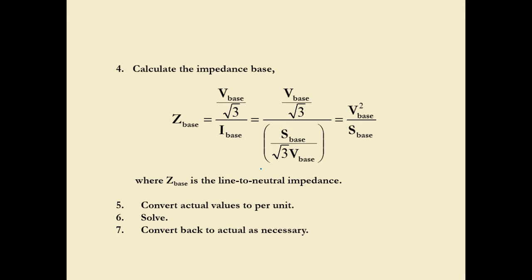Then finally we calculate the impedance base, or Z base as well. We have Z base equals V base over square root 3 over I base.